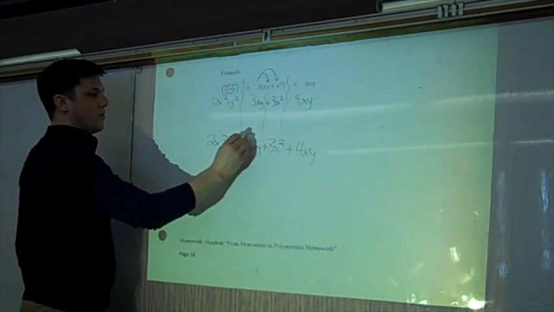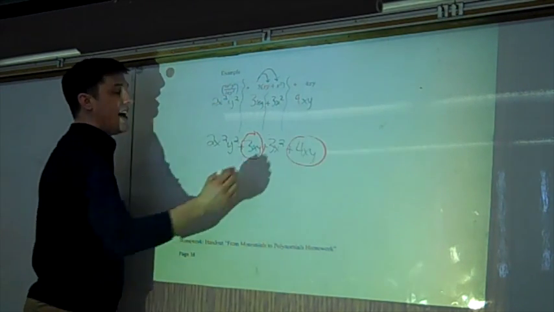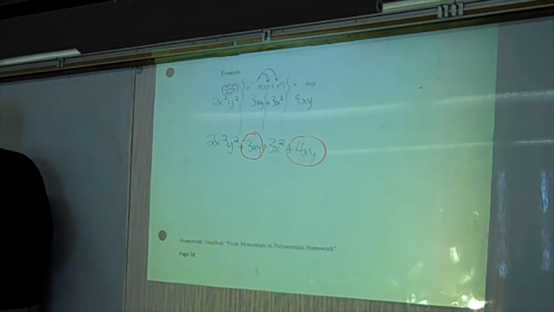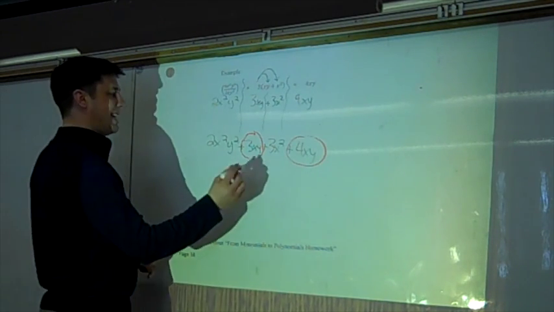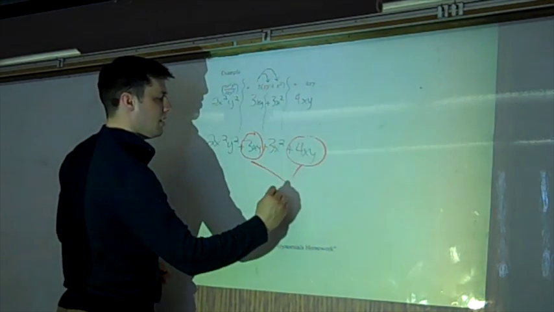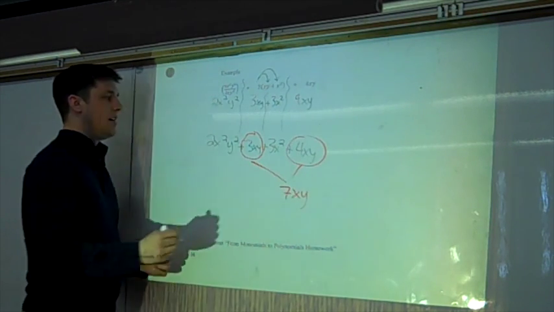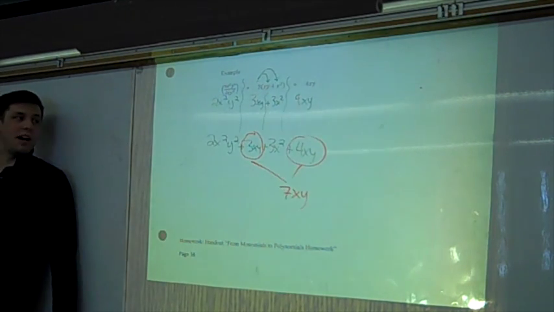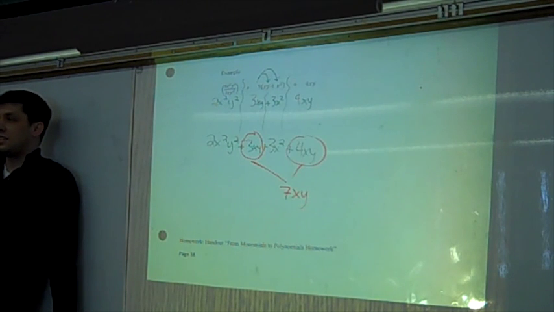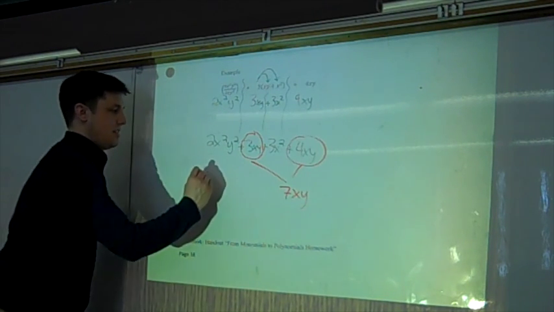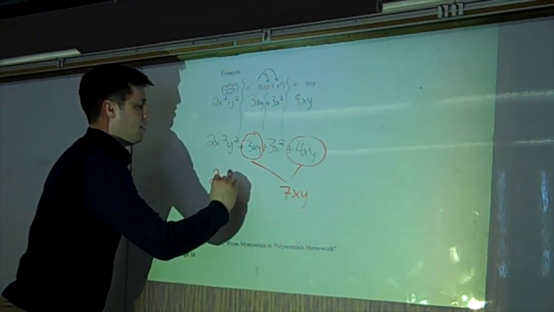So 3xy and 4xy have the exact same combination of x's and y's. And so you can add them together to create 7xy. Can 2x squared y squared combine with anything? No. Nothing.